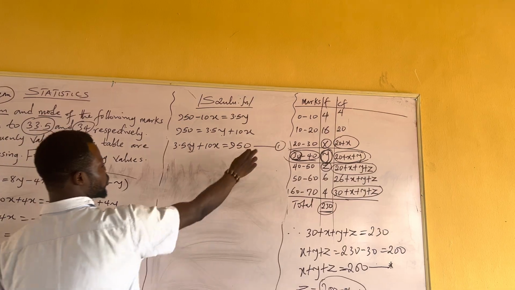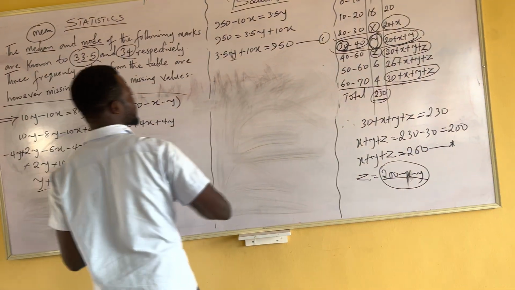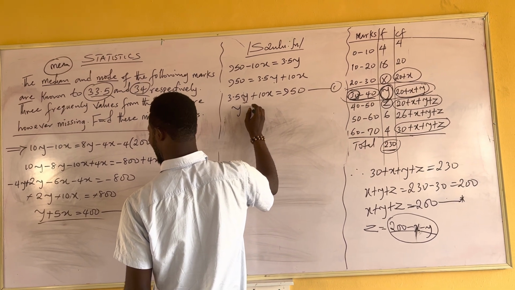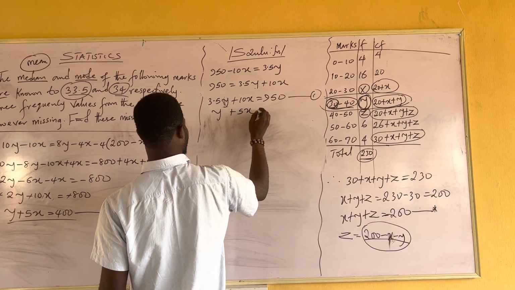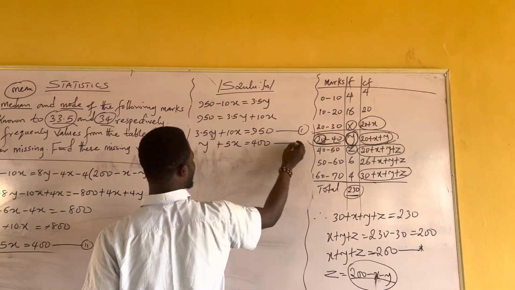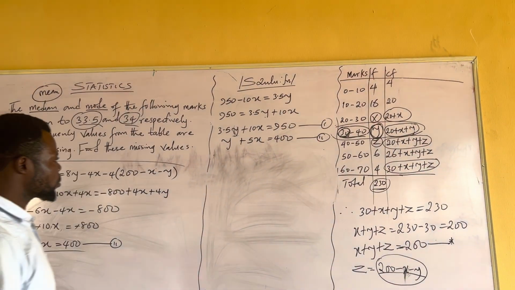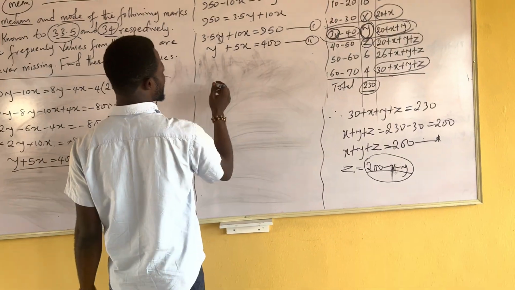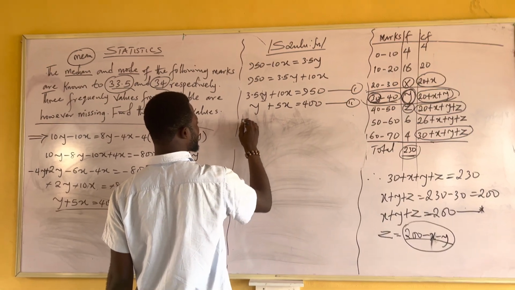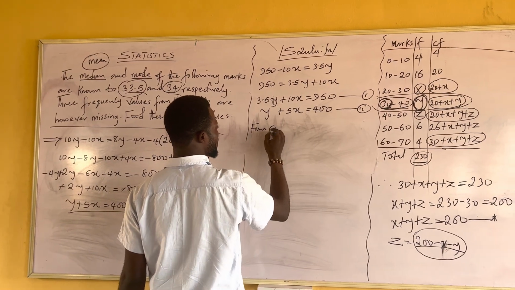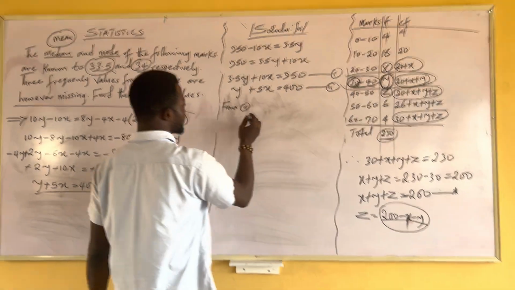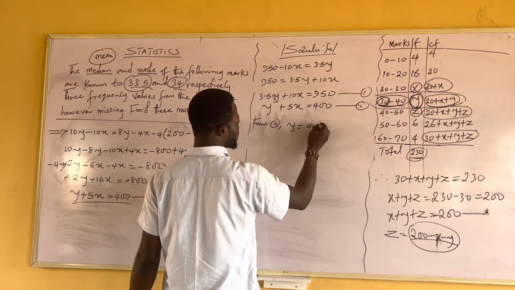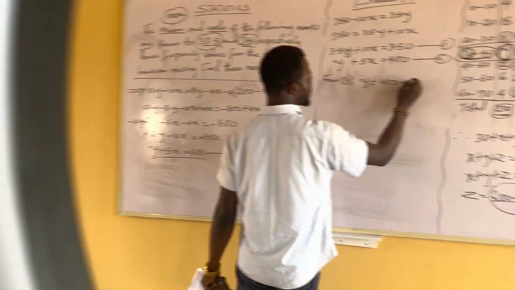Now, this is equation 1. So let me just join this, which is y plus 5x equal to 400. So now, let me make y the subject of the formula from equation 2. So y will be equal to, when this comes here, 400 minus 5x.